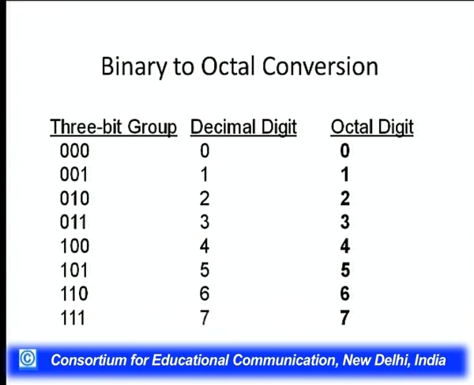Then you have 001 which represents the decimal digit 1 and octal digit 1, and then 010 which is equivalent to the decimal digit 2 and also octal digit 2. Similarly, the binary number 111 is equivalent to the decimal digit 7, and in octal it is also represented by the digit 7. So, these are the 7 digits in the octal number system, 0 to 7, and for each of these there is a binary equivalent that we can see.